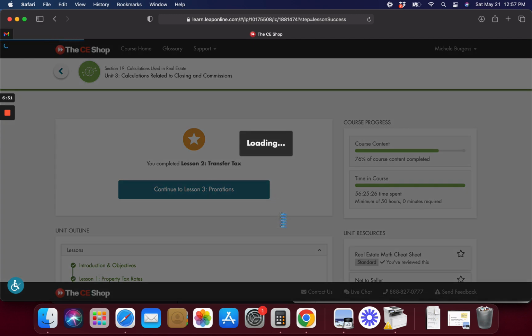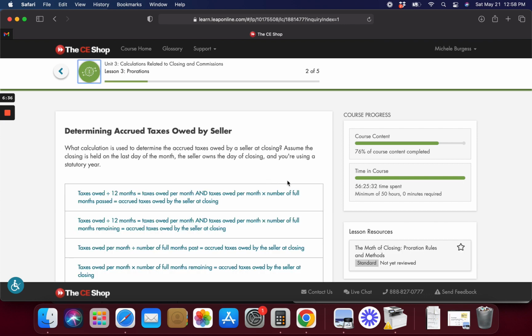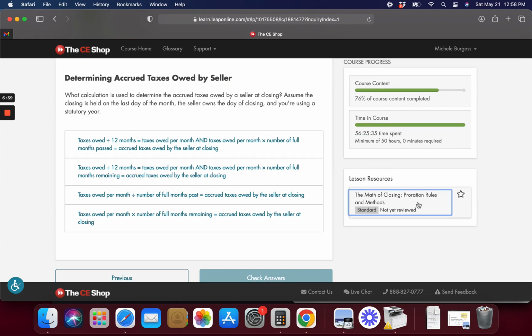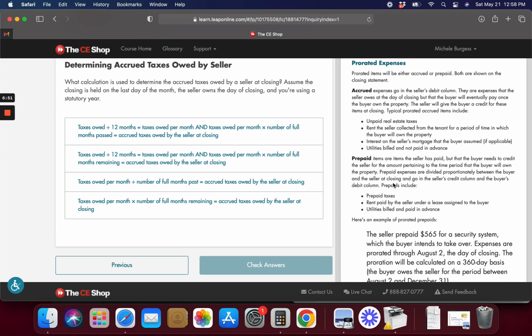All right, prorations. Moving right along. Let's see. Determine accrued taxes, prorates. What is being prorated? It's based on a 360-day statutory year or 365 year, depending on what it is. So accrued expenses go in the seller's debit column, and what this refers to here is unpaid real estate taxes. So that's why this is kind of important. If you're going to the closing table, you as a real estate salesperson are never going to have to do this.